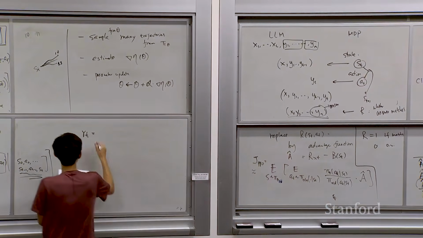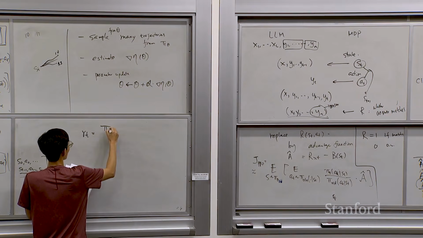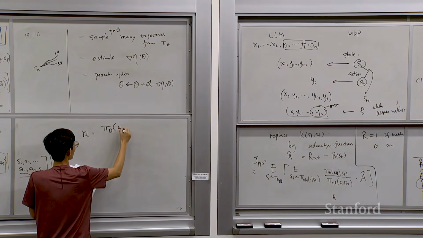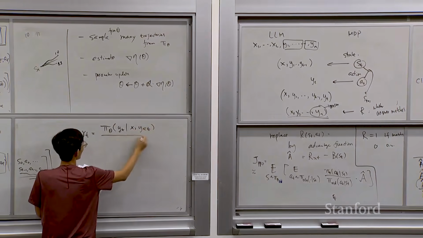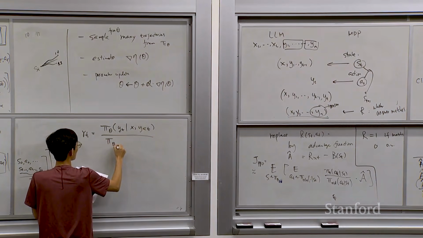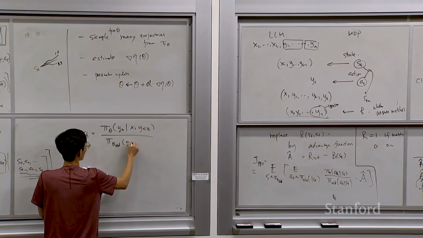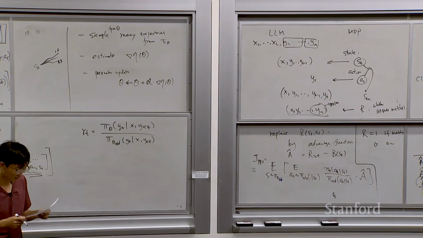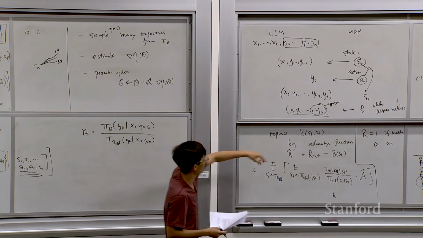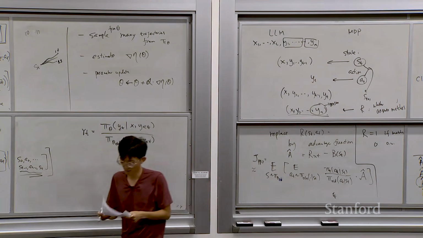So the RT just becomes pi theta yt given x and y less than t, divided by pi theta old yt given x and y less than t. Then you apply this with all of those advantage functions, and you just plug in the same algorithm.